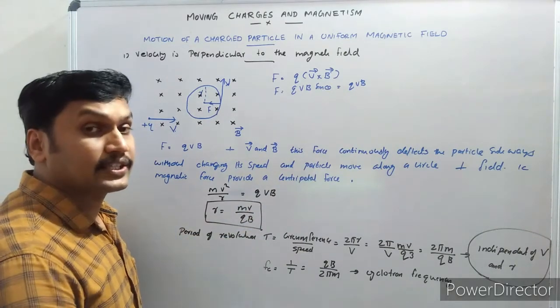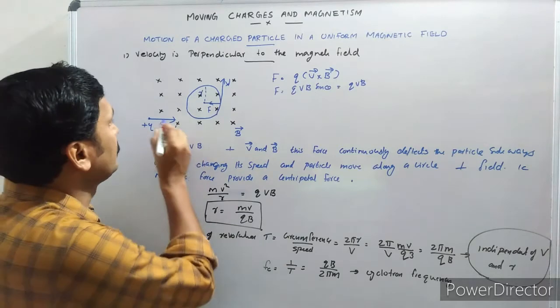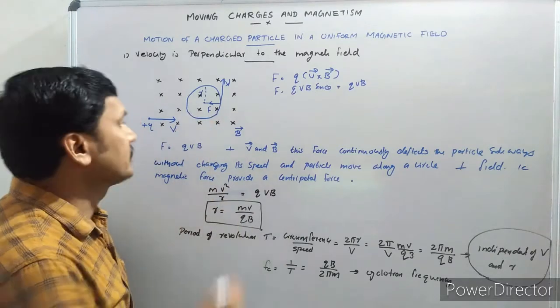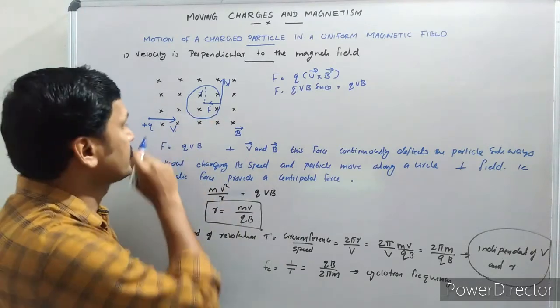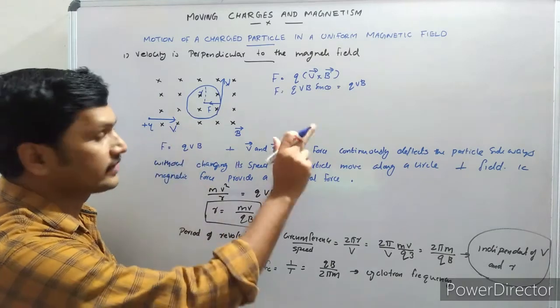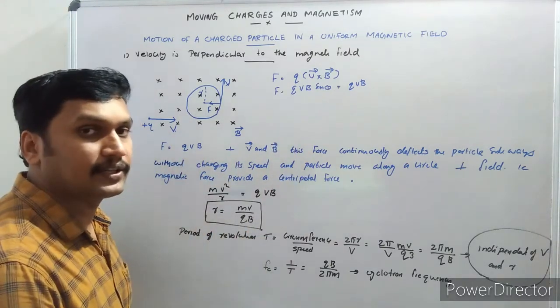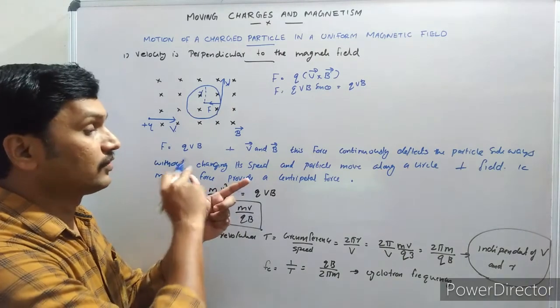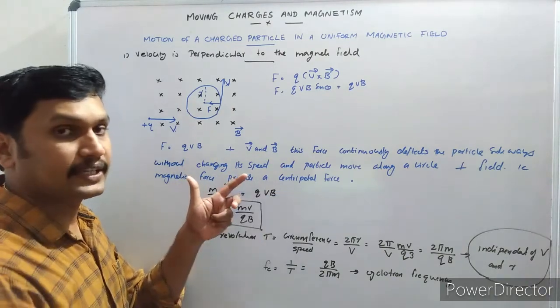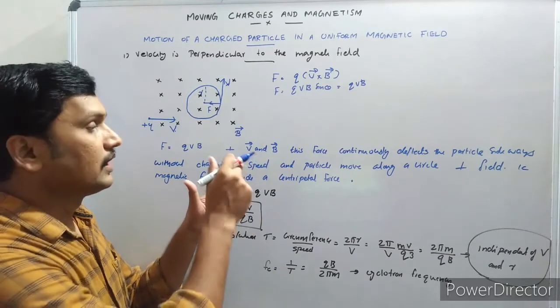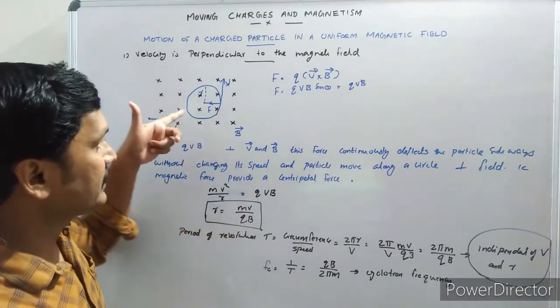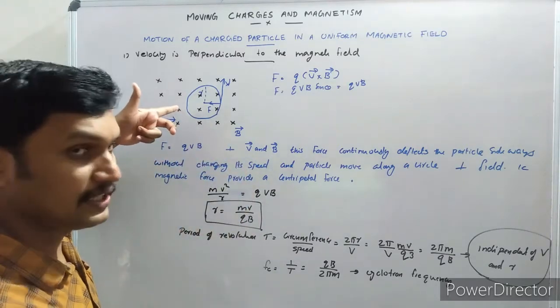Now what is the direction of that force? The charge is moving in this direction. This is a positive charge, so the direction of current is the same as the direction of the positive charge. So apply Fleming's left hand rule. First, stretch the forefinger of the left hand in such a way that the forefinger points in the direction of magnetic field.